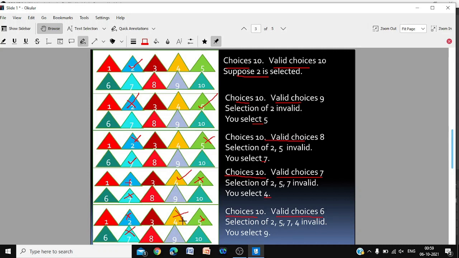So if you don't want a repetition, you have got 6 valid choices, although in total you have got 10 choices, because you cannot choose these 4. Supposing you select number 9, that would be a valid choice.